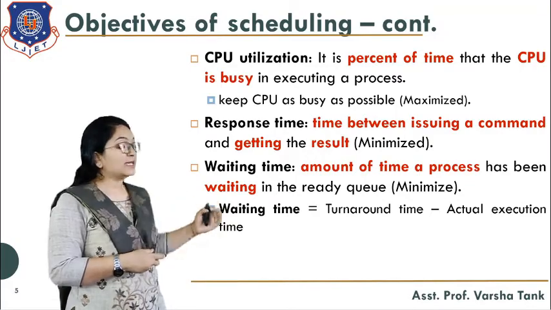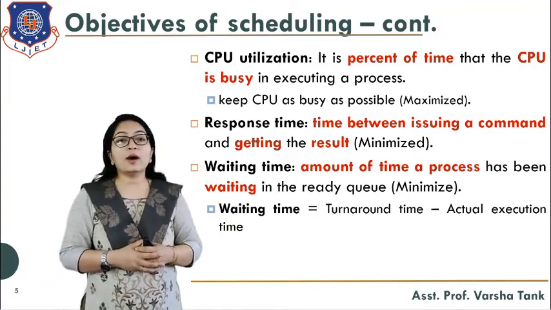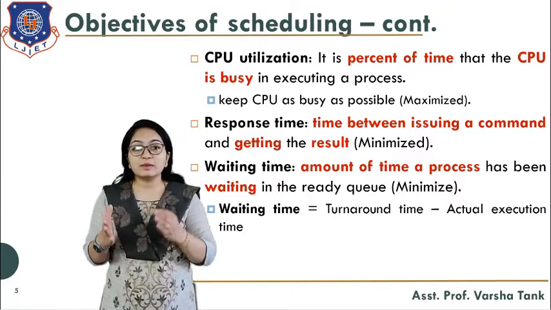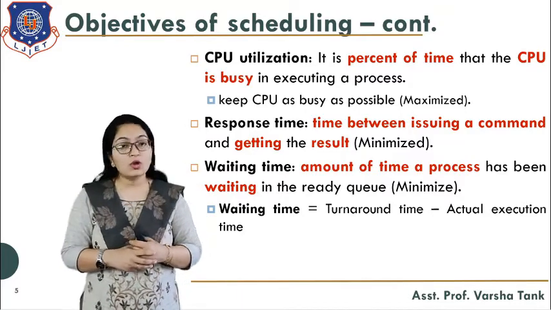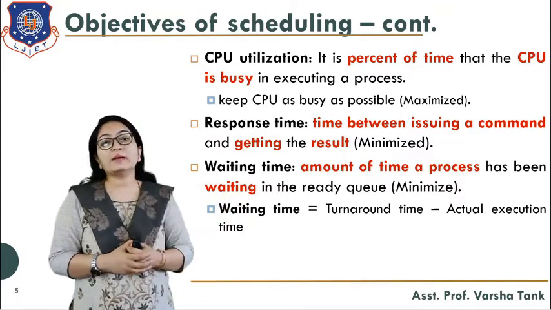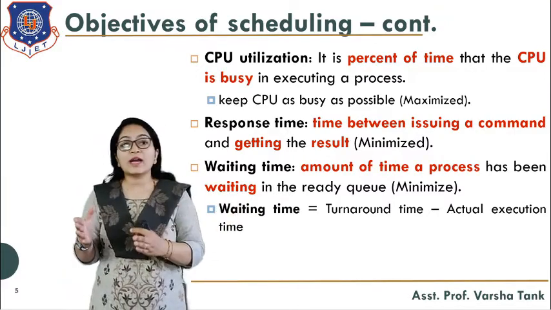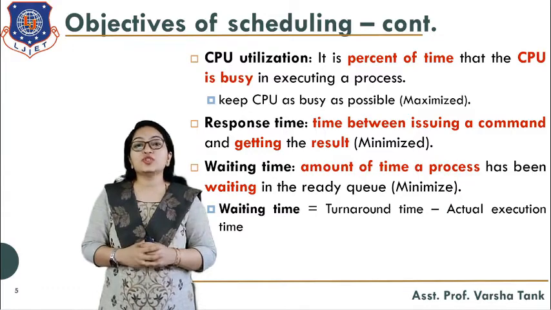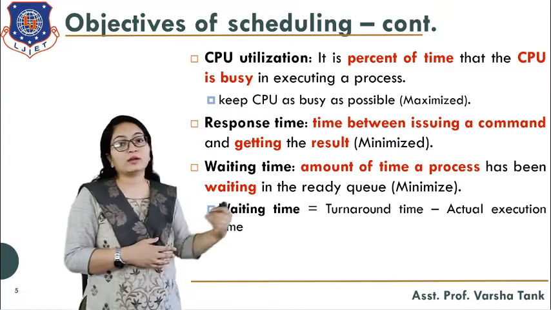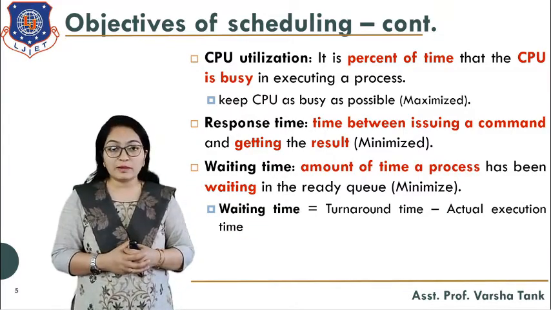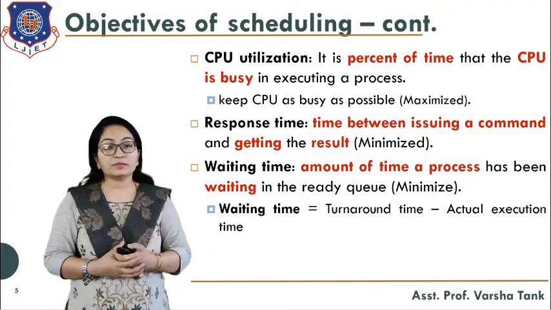Got it? Then next is the waiting time. It is the amount of time a process has been waiting in the ready queue, and waiting time should also be minimized. Waiting time is the turnaround time minus the actual execution time. So you can define the waiting time for that particular process. Got it?